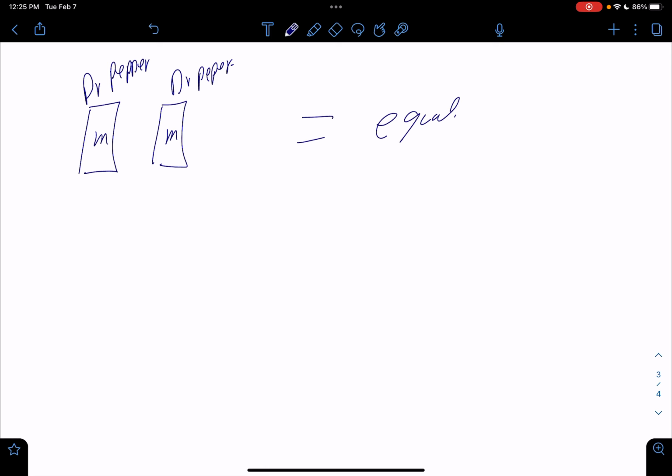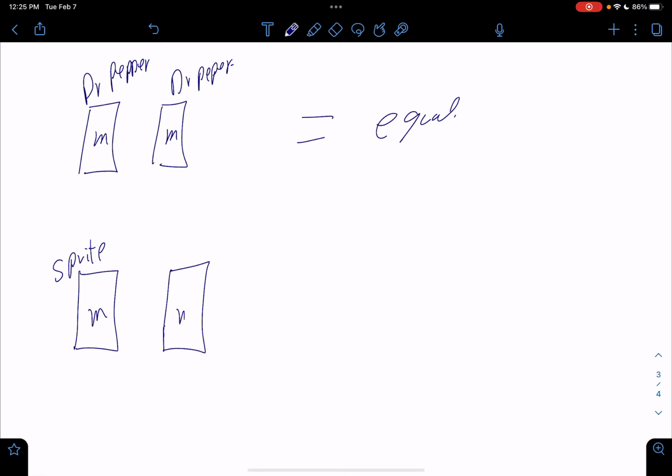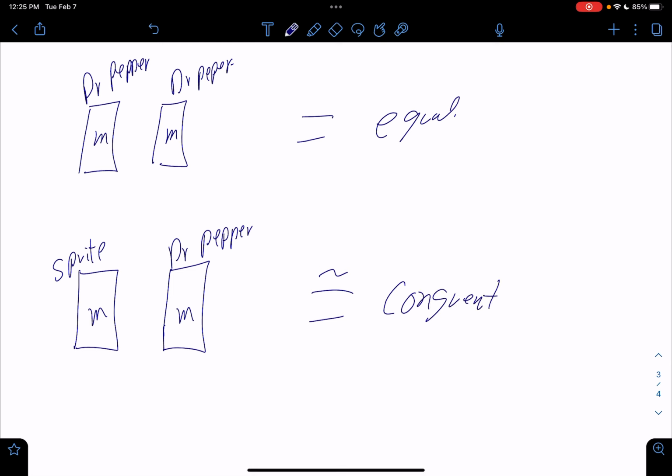And if this time I have a medium Sprite and a medium Dr. Pepper, well, these two are going to be pretty much congruent. Even though they are not the same drink, in quantity they are the same.